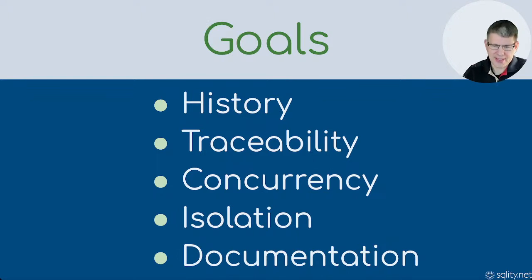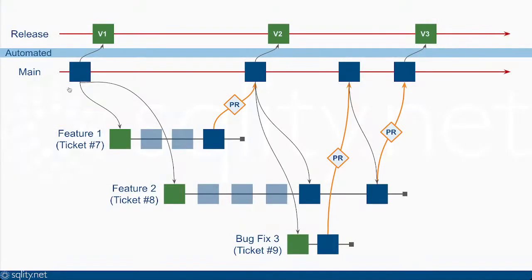So with that, this is what my branching strategy looks like. You have a main branch where the release-ready versions of your software get stored. Then you have a release branch where actual releases get pulled from.